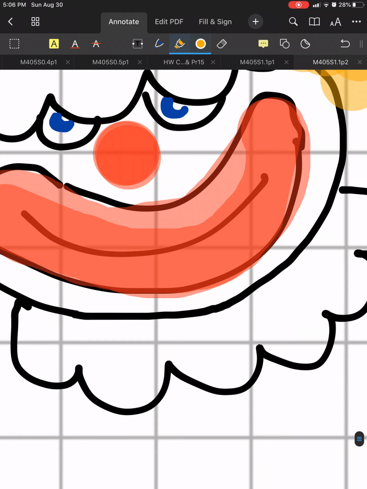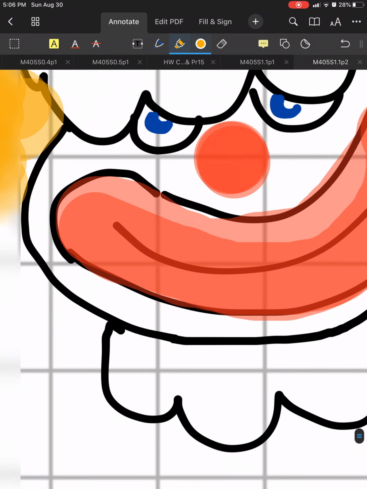I can fix his mouth now. That's good. It's not 100% perfect, but whatever.